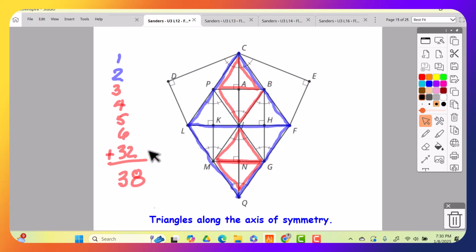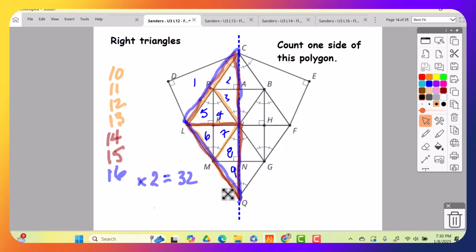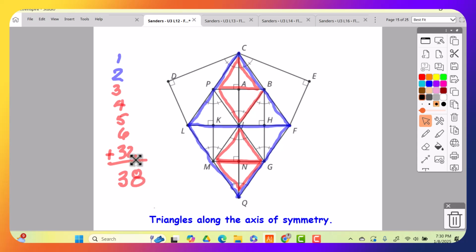I get 38 triangles in total this way. But what did I get? Let's take a look. Yes, not incorporating both sides, I got 32 triangles. And then adding these last 6 gives me 38 triangles in total.